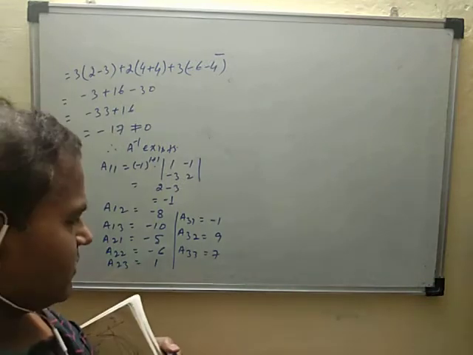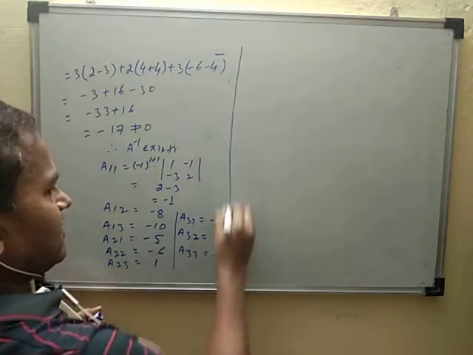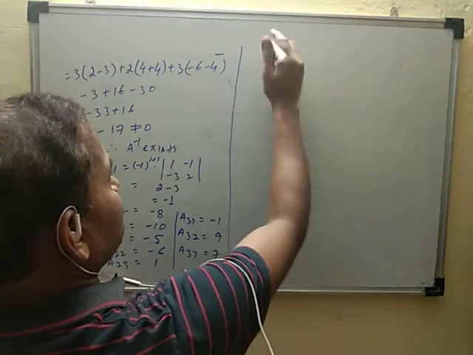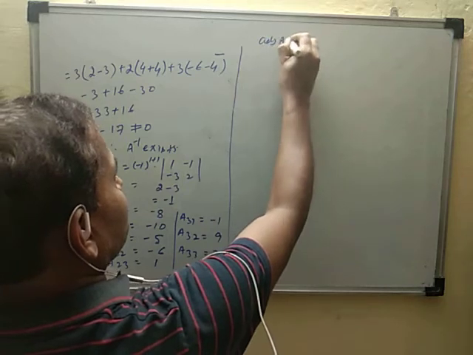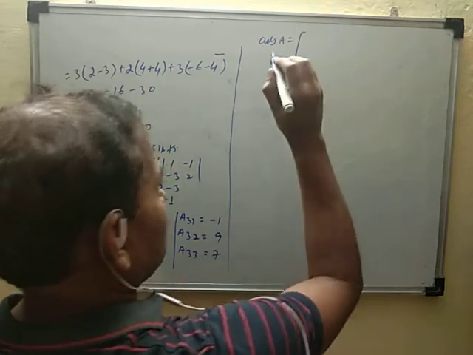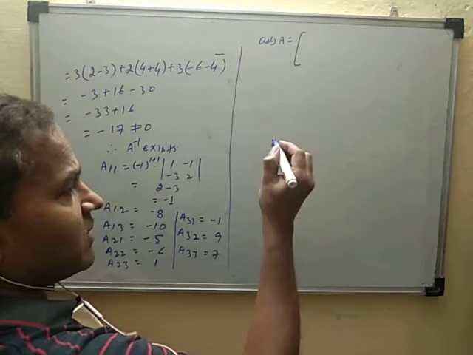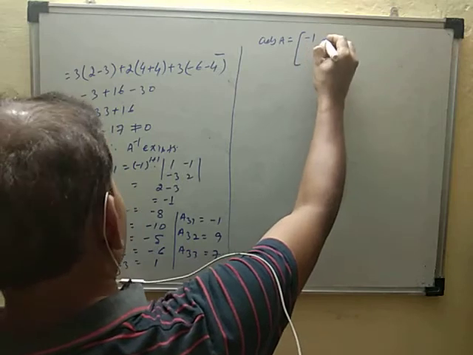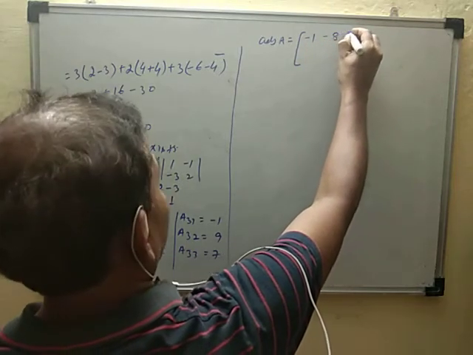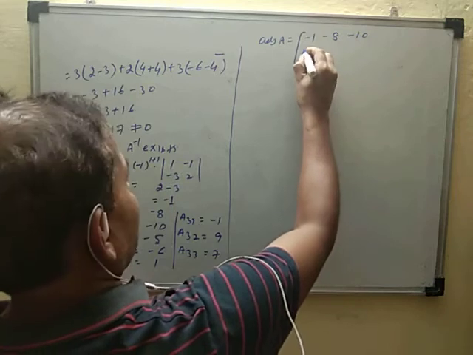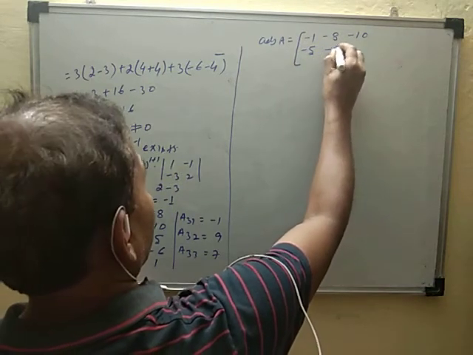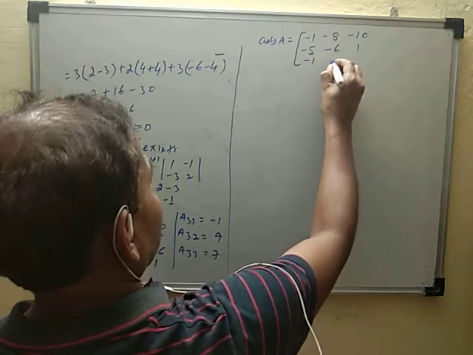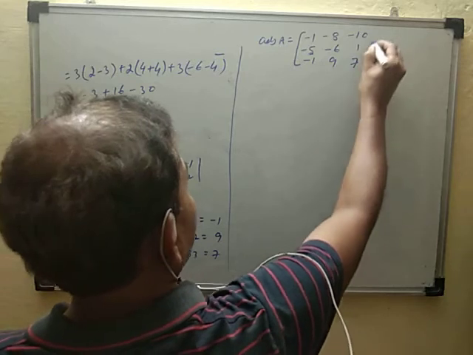So for the inverse, first find the adjoint. The adjoint of A is equal to the transpose of the cofactor matrix. So A11 is minus 1, A12 minus 8, A13 minus 10, A21 minus 5, A22 minus 6, A23 is 1, A31 is minus 1, A32 is 9, A33 is 7.